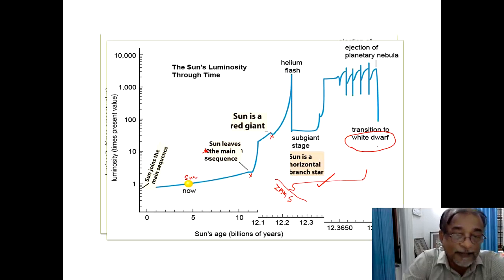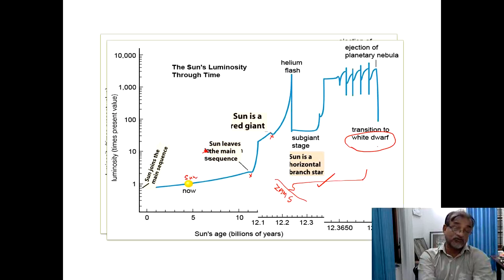At first, the sun joins the main sequence group, as we know. Now the sun is in the main sequence group. After 5 billion years, the sun reaches here. Luminosity is almost constant, and after 10 billion years also the luminosity is almost constant.